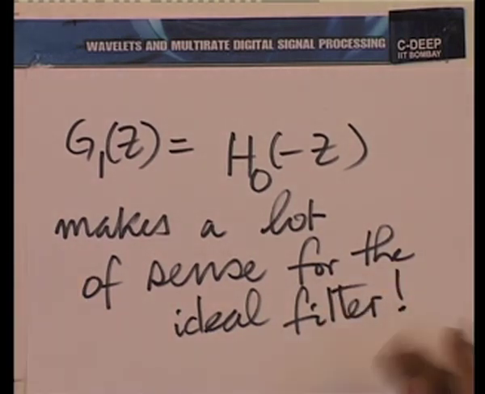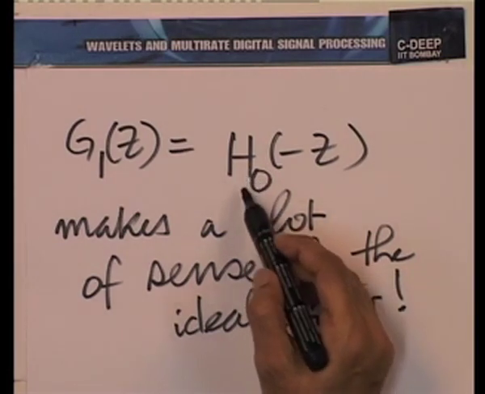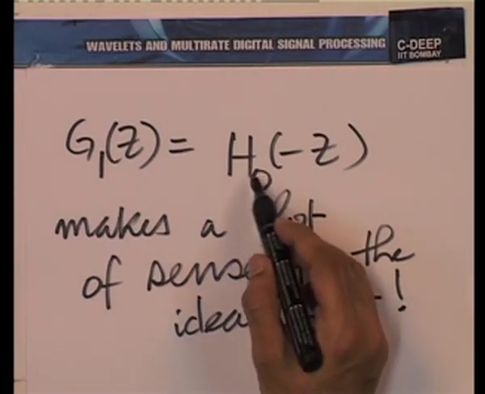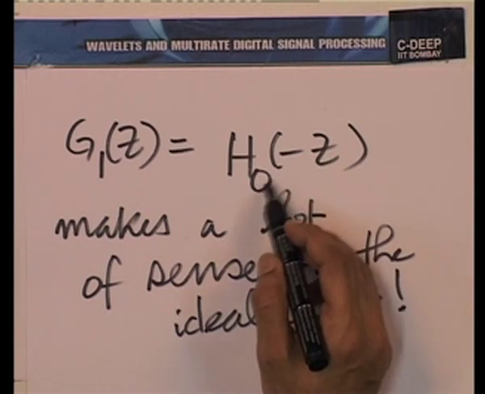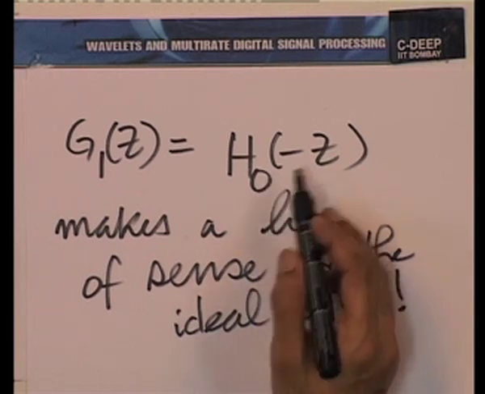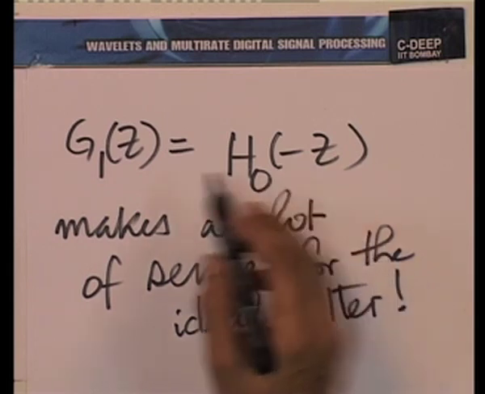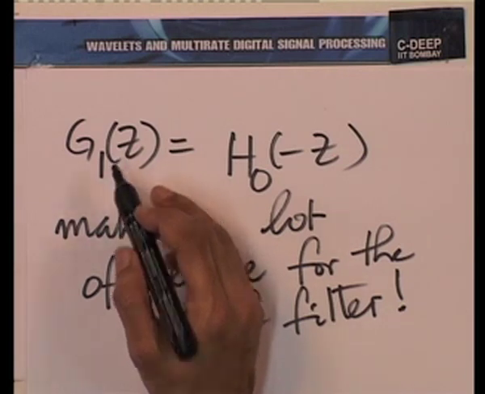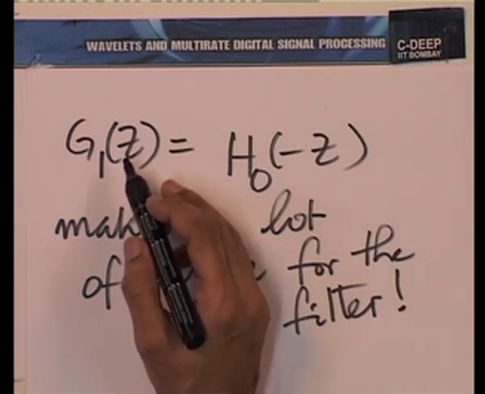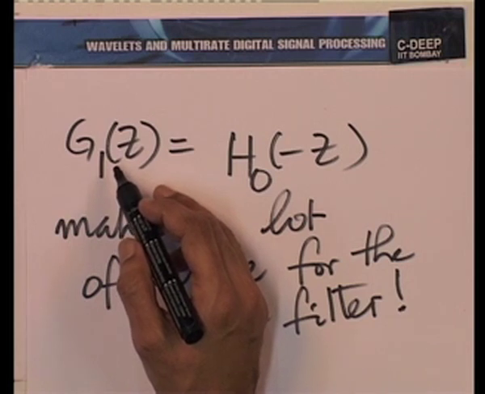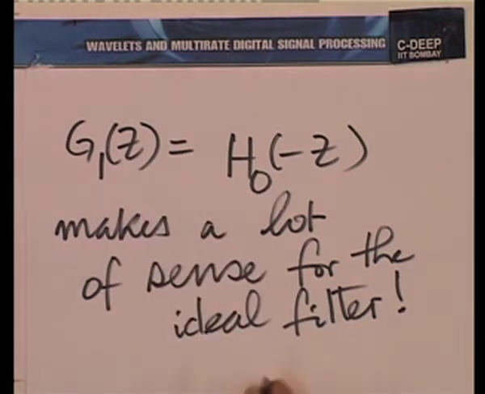All that we are saying is that on the synthesis side, if you had an ideal low pass filter with a cutoff of pi by 2 at H0, you should put an ideal high pass filter with cutoff pi by 2 at the point G1.